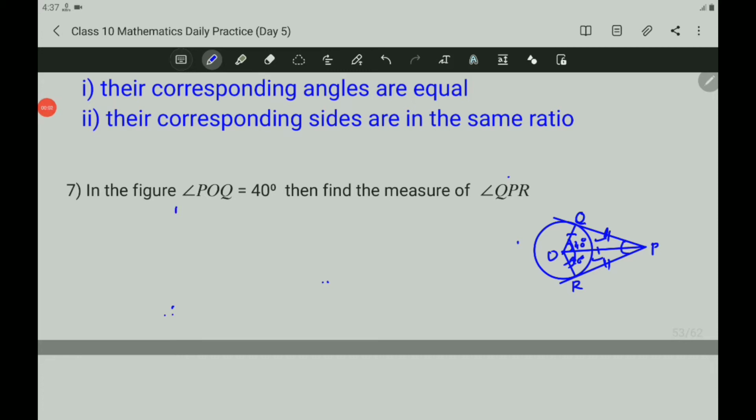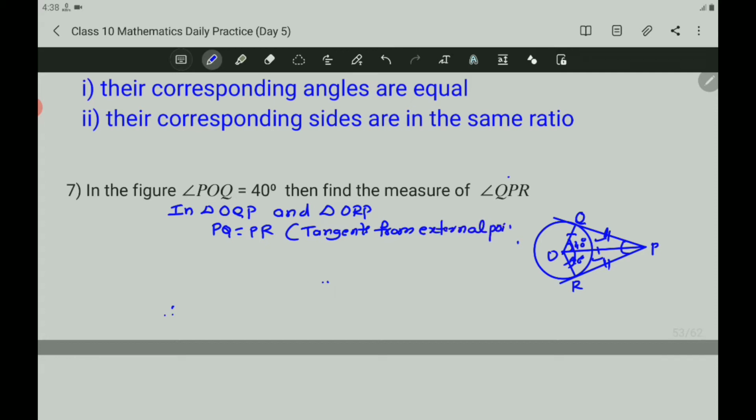So write, in triangle OQP and triangle ORP, you write PQ equals PR. Reason: tangents from an external point.